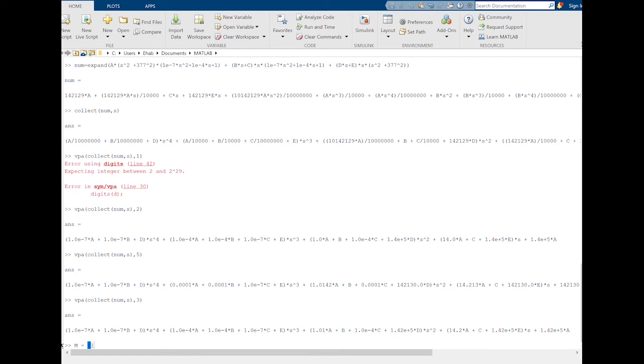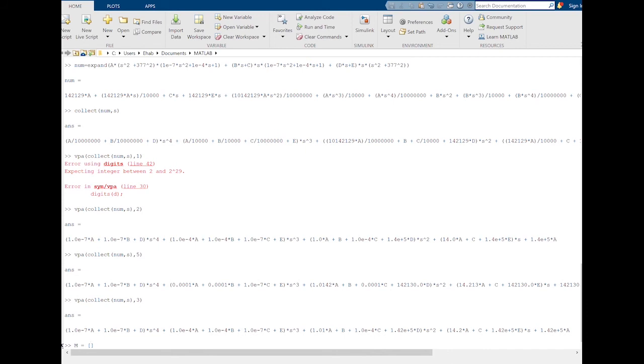So I'm going to fill it in with the coefficients of A, B, C, D, and E, for every coefficient of S. The first row represents the coefficient of S to the power 4.